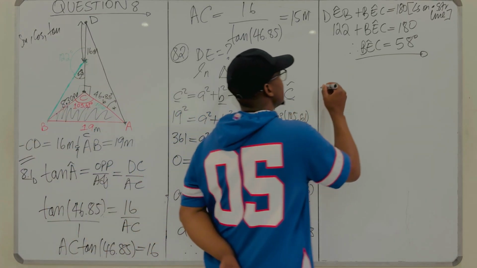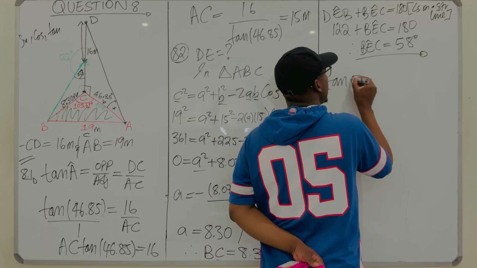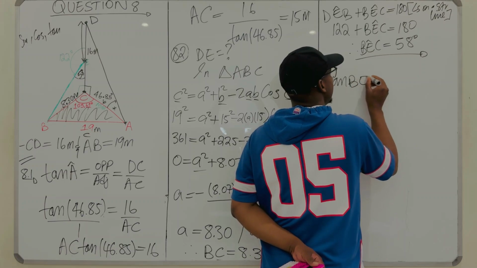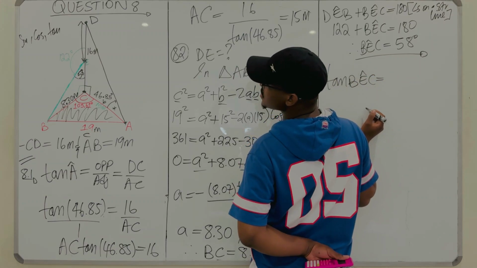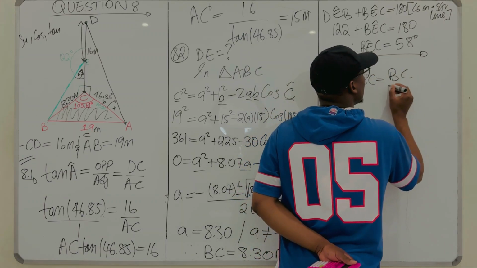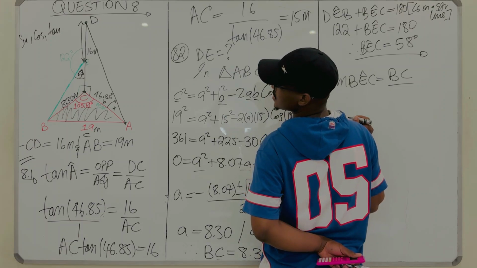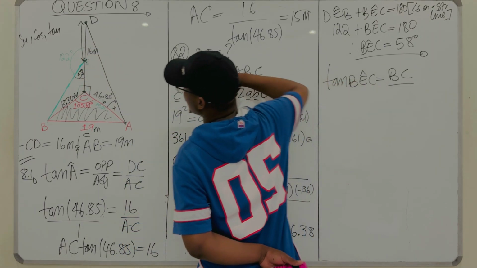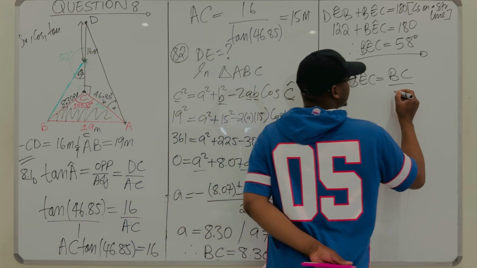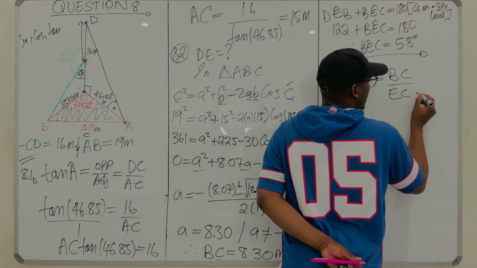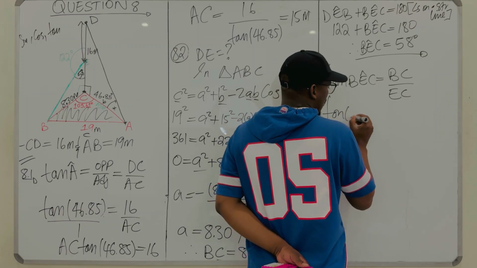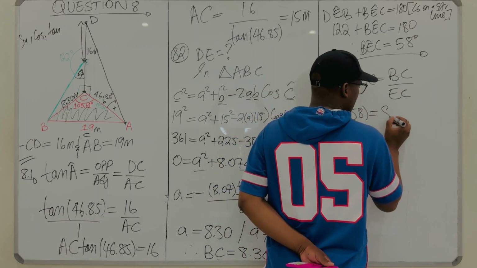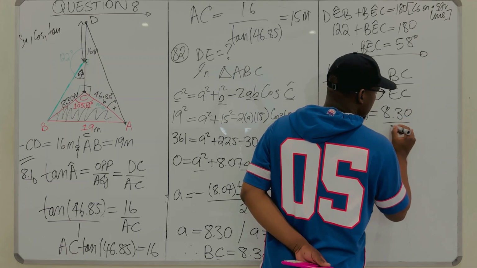We can say the tangent of angle BEC is equal to your opposite side, which is BC, over your adjacent side, which is EC. So the tangent of 58 is equal to BC, which is 8.3, over EC.